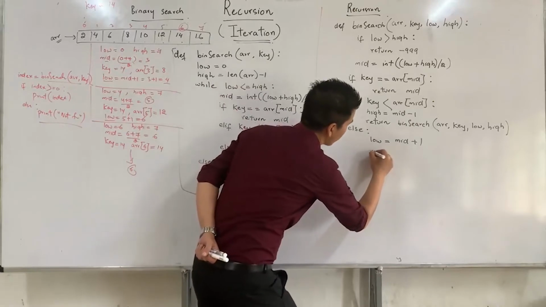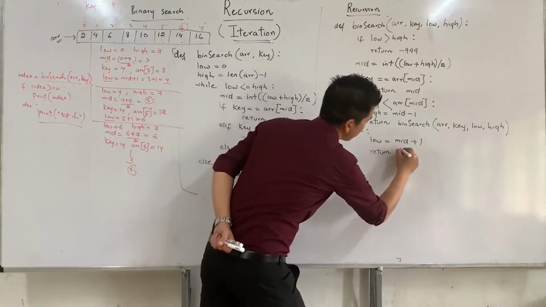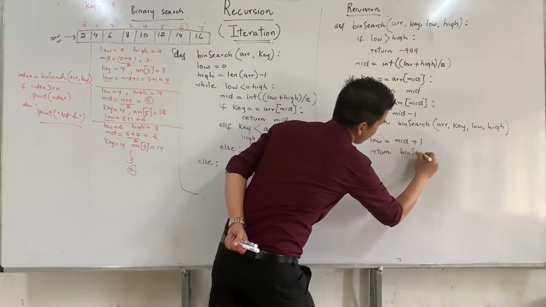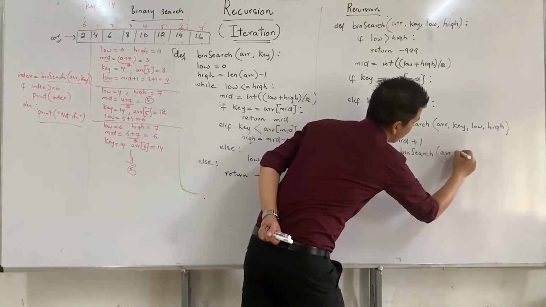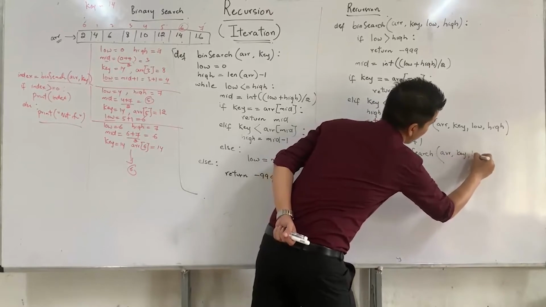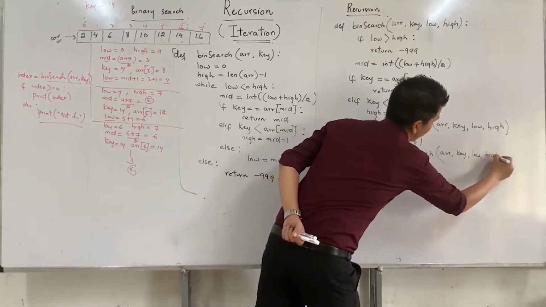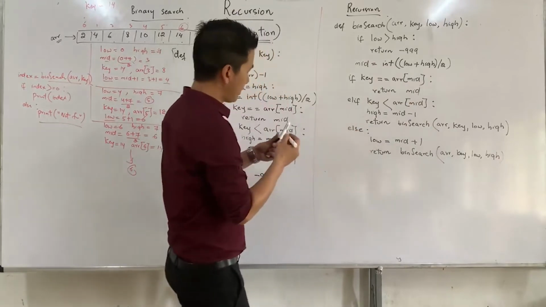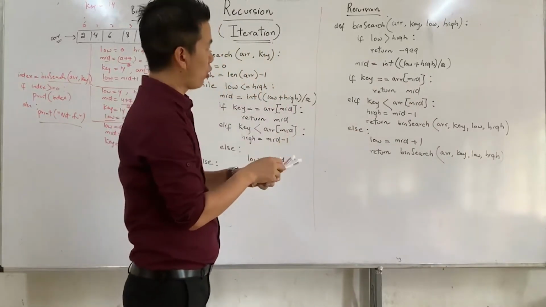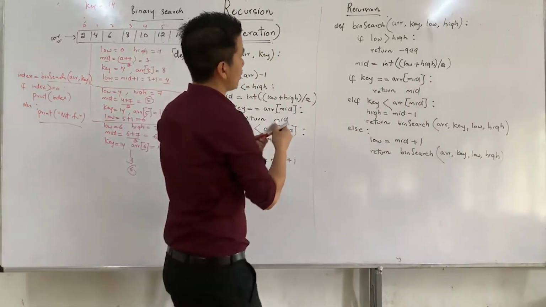And then again, it's going to be the return statement, bin search, you will have ARR, you will have key, you will have low, you will have high. So this should be the end of the function definition for bin search.